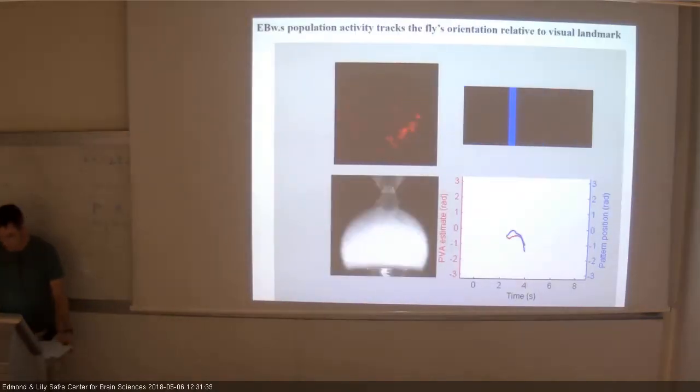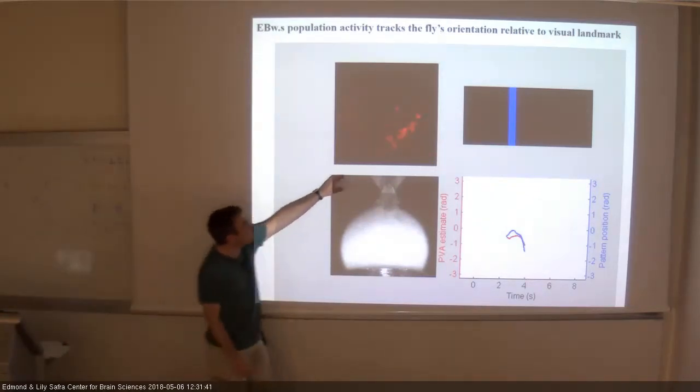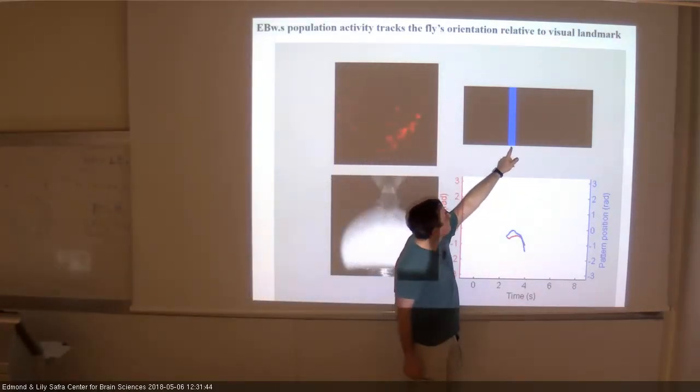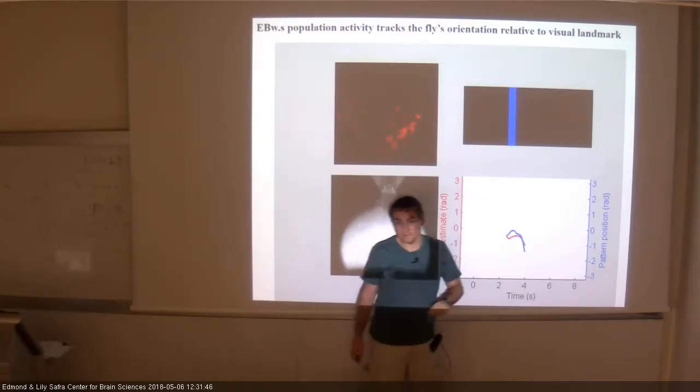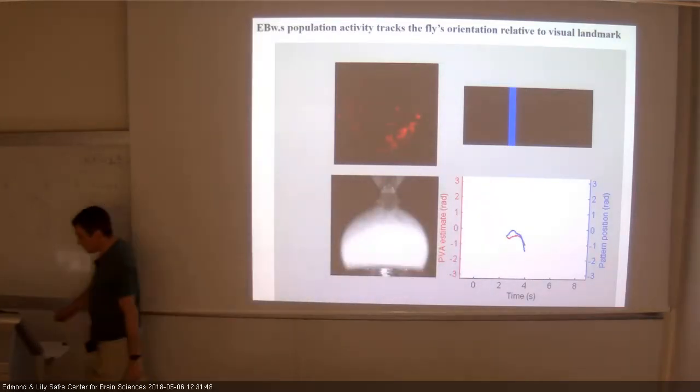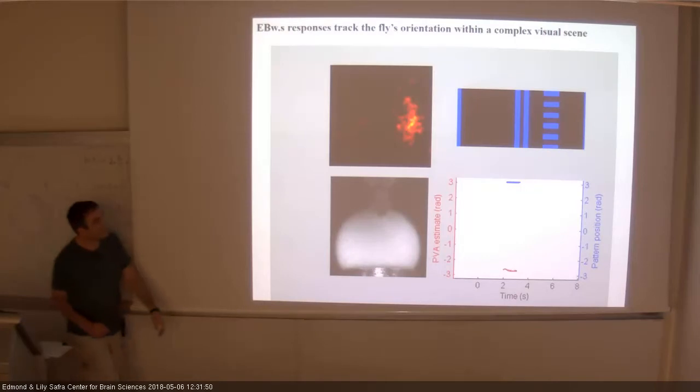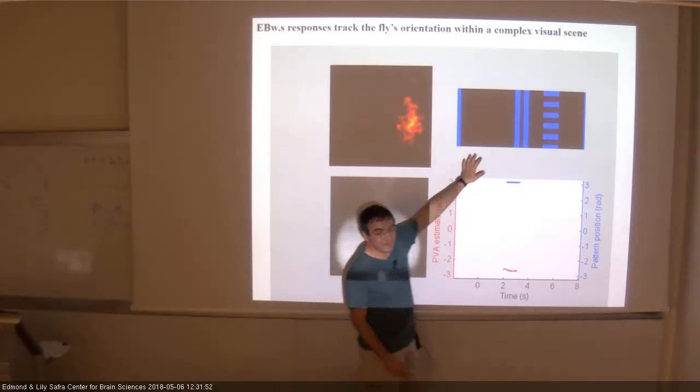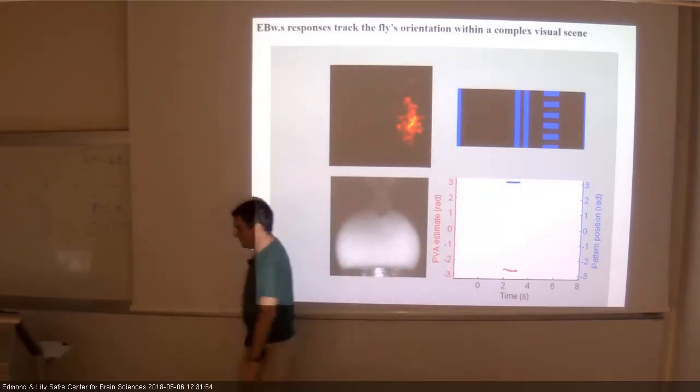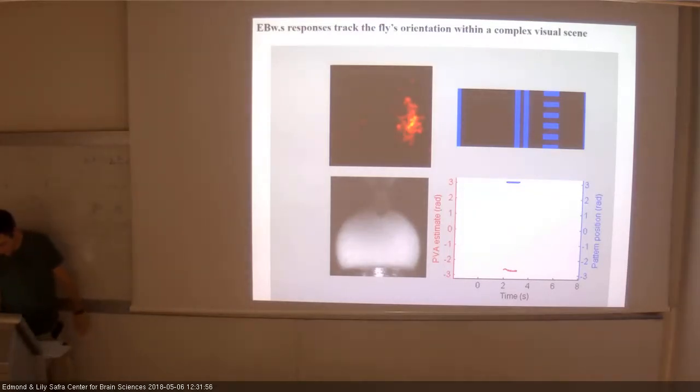And now, one question you could ask is, well, maybe these are just sensory neurons that respond to this stimulus. And to address this question, they used this stimulus, which is much more complicated.